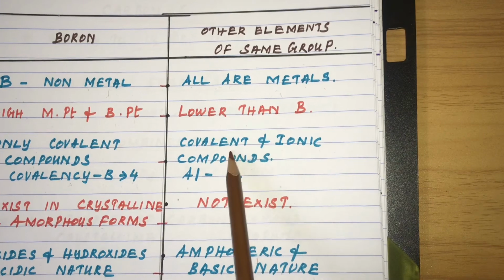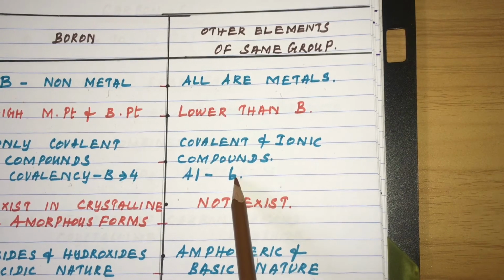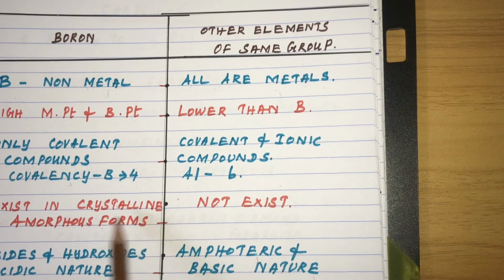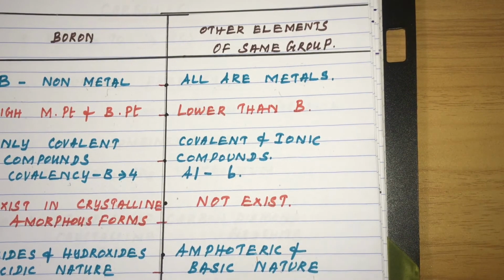The others form covalent and ionic compounds of valency 6. Boron exists in crystalline and amorphous form, which is not the case for the others. When we dissolve boron oxides and hydroxides, the solution is acidic, whereas for the others it is amphoteric and basic in nature.